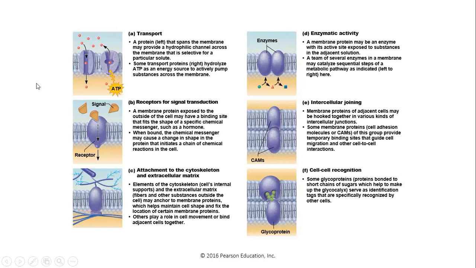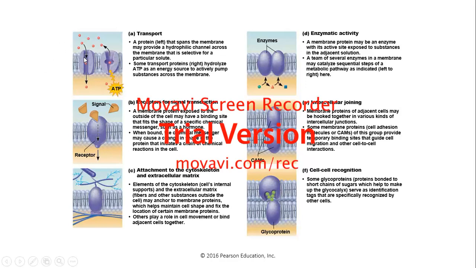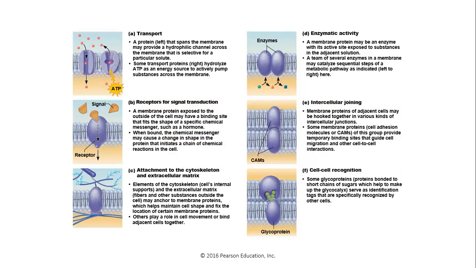So these are some of the different functions of the cell membrane proteins. Again, transport. A lot of things that are polar or very large cannot just go through the cell membrane because of that hydrophobic core, so they have these protein channels which are used for transport.